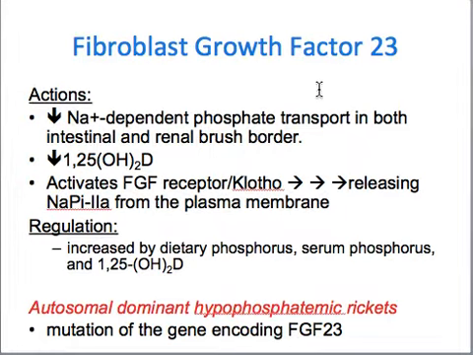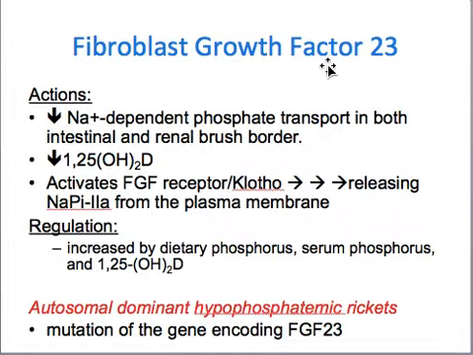Your FGF23 also suppresses your vitamin D. Remember, your vitamin D facilitates phosphate reabsorption in the kidneys and in the intestines. And by blocking this action of vitamin D, your FGF23 also blocks intestinal and renal phosphate reabsorption.